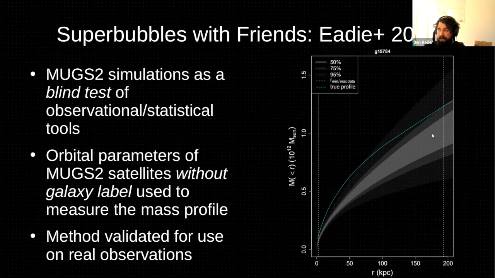And you can see that the method does pretty well. You can reproduce quite well the total mass, especially out at high radii, even without doing any kind of fine tuning that you might do if you knew actually what was going on here. This is a good validation that this thing will work for observational data.